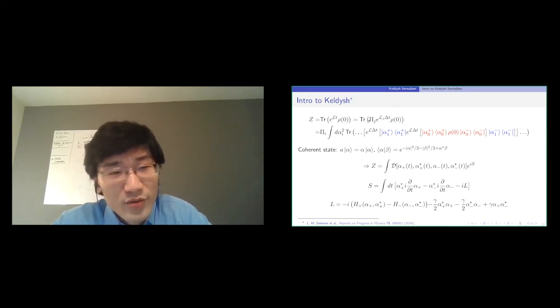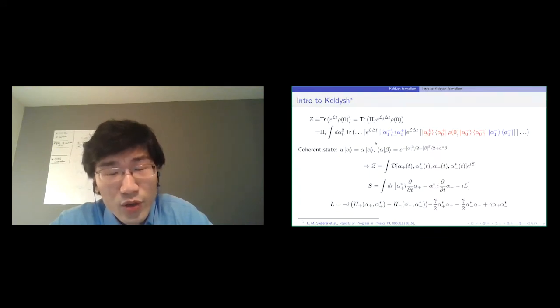Now we can factorize this exponential by assuming a very small time step. Then we can insert the coherent state basis for every time step. Because it's a density matrix, we have both the ket and bra parts, so we have two branches, alpha plus and alpha minus.